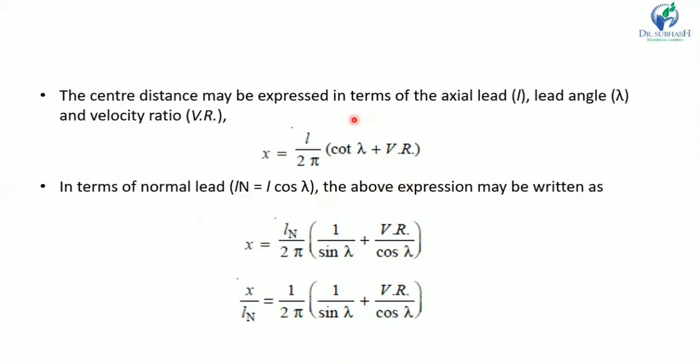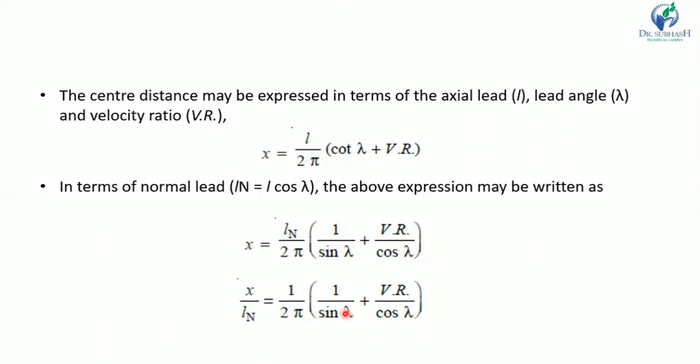Therefore, the above equation may be written as x is equal to ln upon 2 pi into (1 upon sin lambda plus VR upon cos lambda). So from that, x by ln is equal to 1 upon 2 pi into (1 upon sin lambda plus VR upon cos lambda).